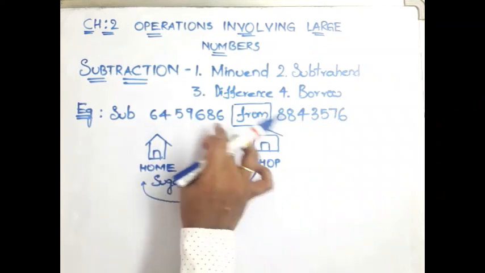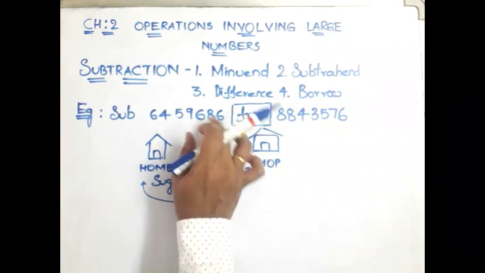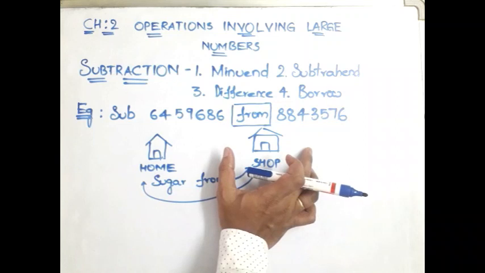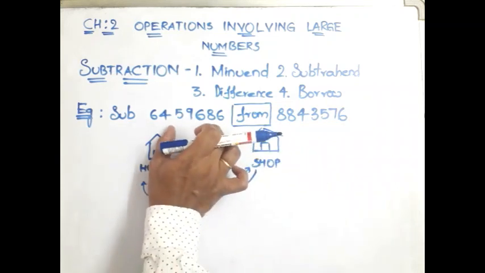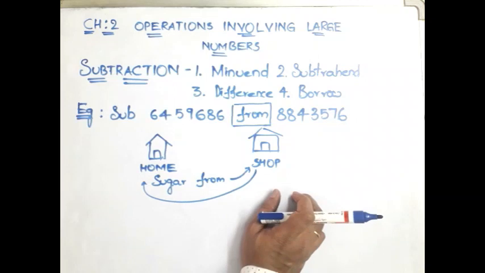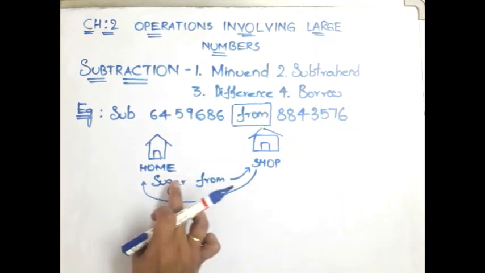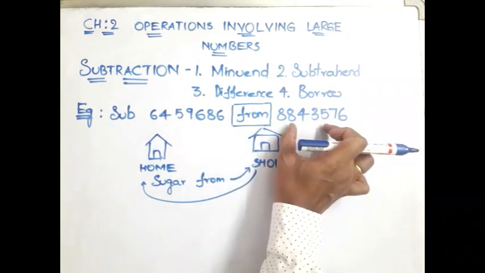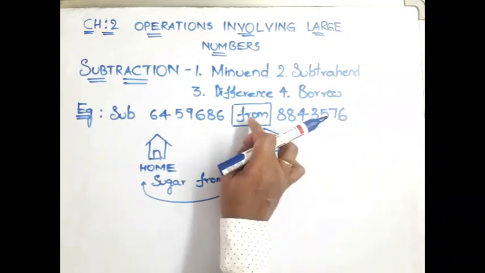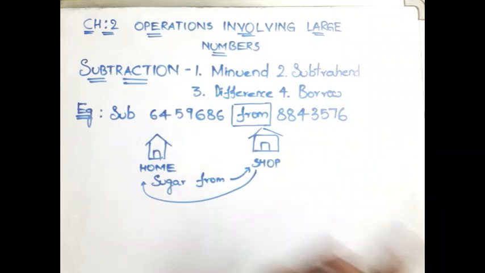They will try to subtract this from this, but it is going to be wrong. And don't think that the smallest number will always be on this side. It will also be a problem. As we have to go to the shop to bring the sugar, here also first we have to approach the number which is after "from", and from that number we have to subtract this.